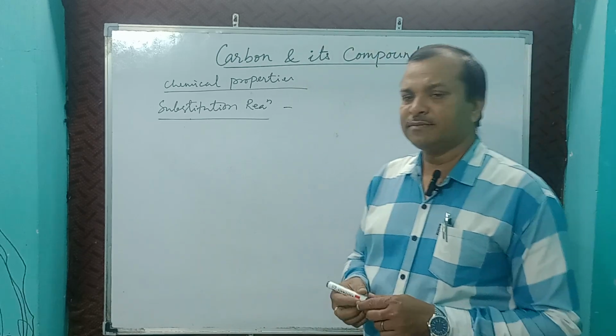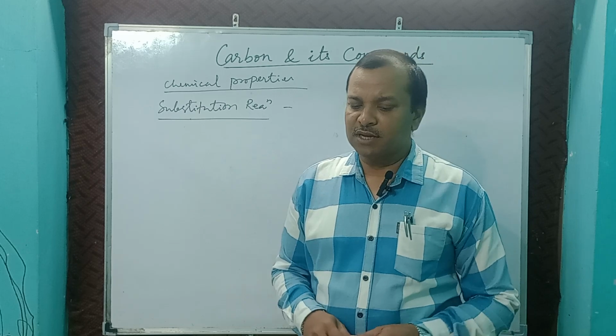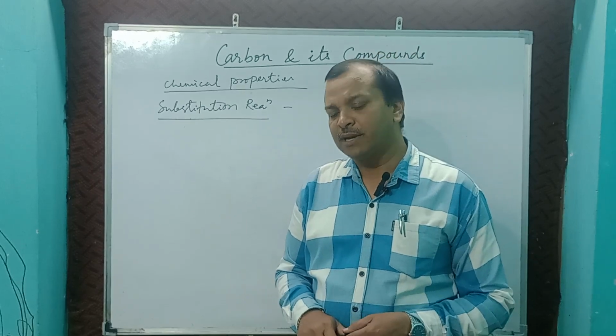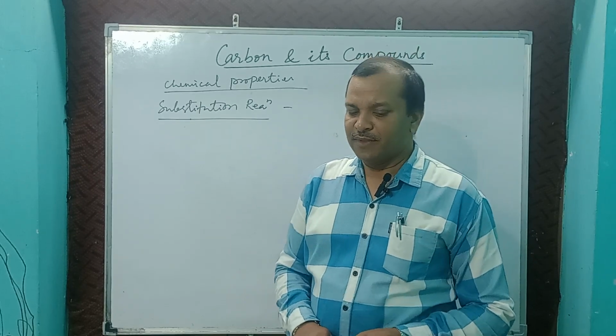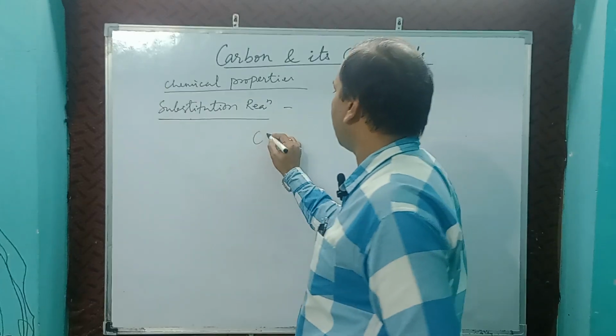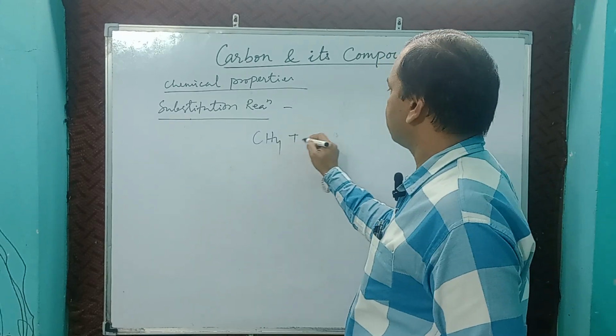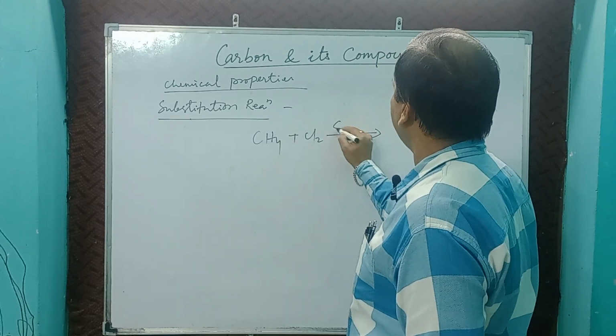In substitution reaction, saturated hydrocarbons are actually unreactive, but sometimes in presence of chlorine they react, and chlorine is added and hydrogen is removed. Suppose I take methane CH4 plus chlorine in presence of sunlight.